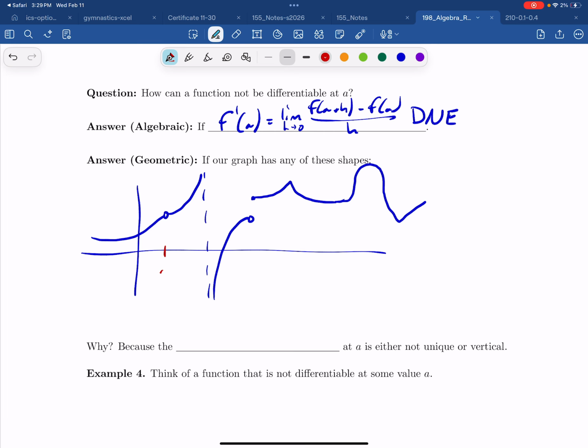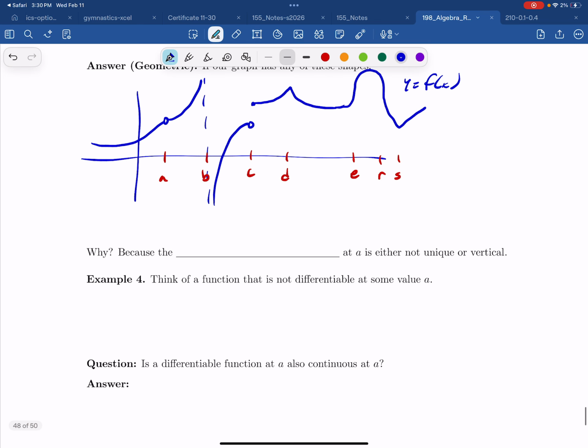So here is a problem, here, there's a problem. I guess I'll call this like R, and this is S, right? Those are all problematic shapes of a graph if this is y equals f of x, right?